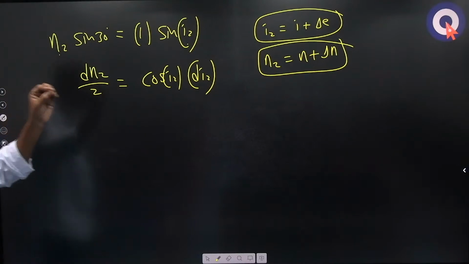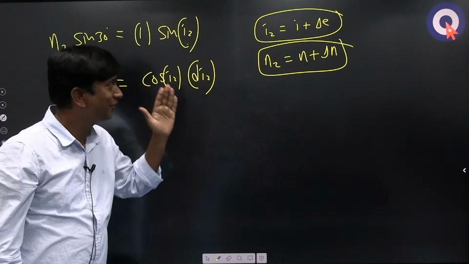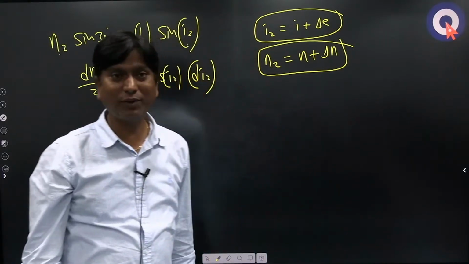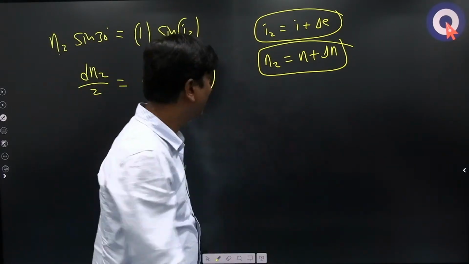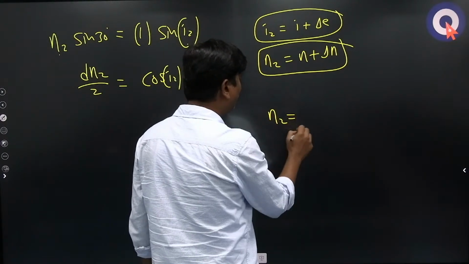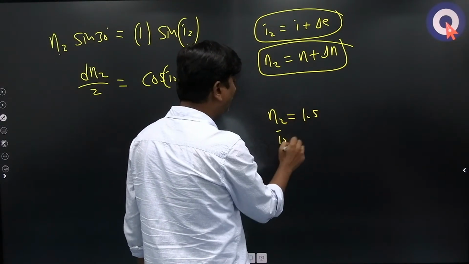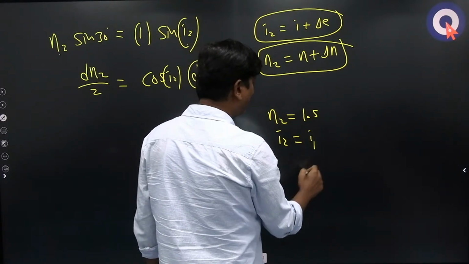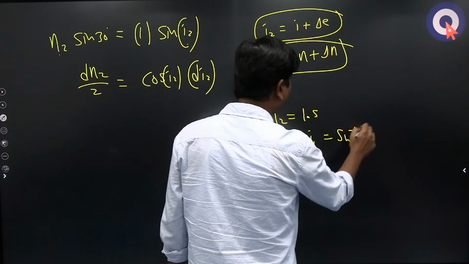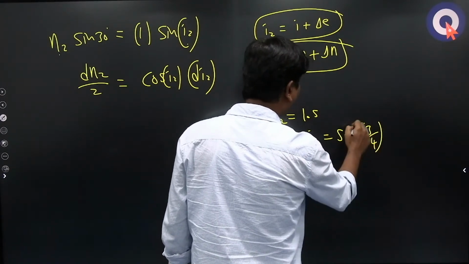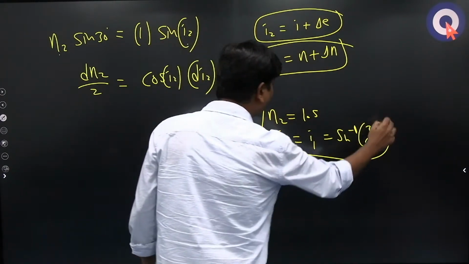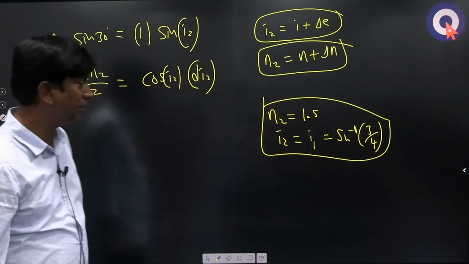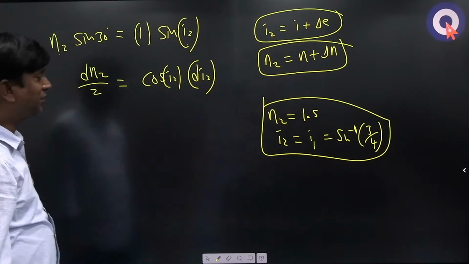At the instant when N2 and N1 are both equal to 1.5, I2 is exactly I1, which is equal to sine inverse of 3 by 4, because you already got I1 as sine inverse of 3 by 4. When N2 is 1.5, I1 and I2 are both equal to sine inverse of 3 by 4, right?